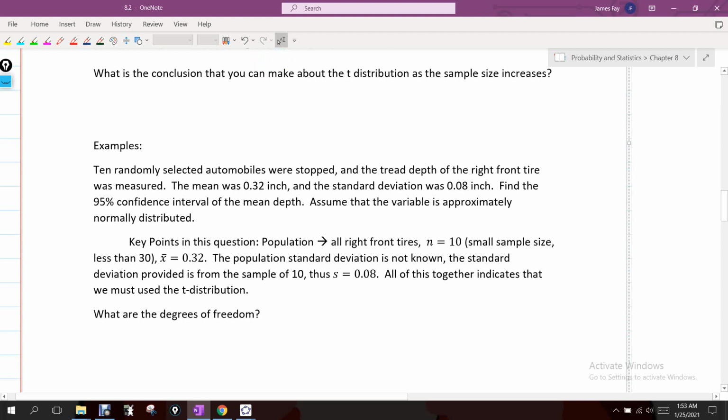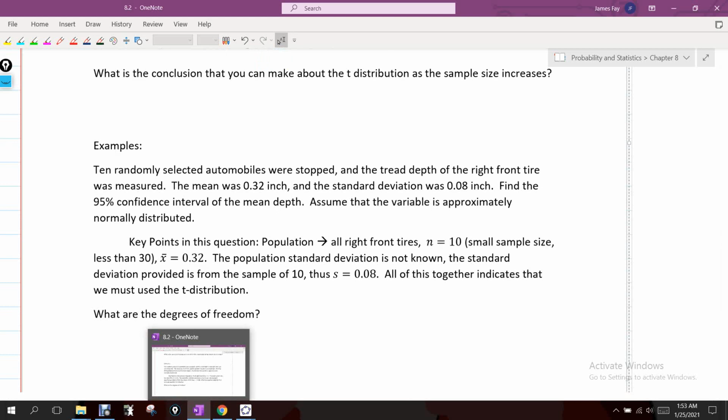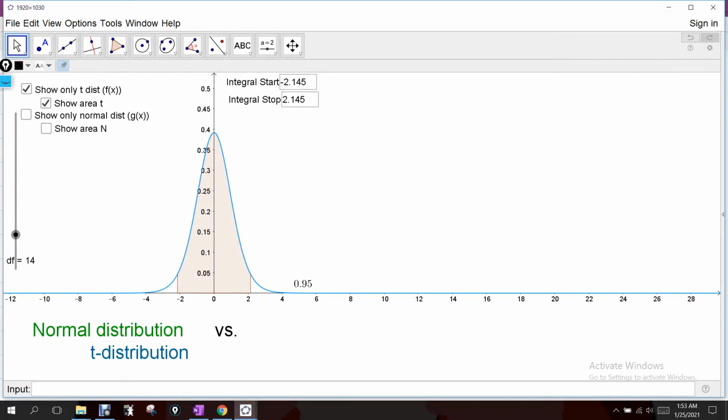as our sample size increases, and that's what I was trying to show you with the degrees of freedom here. If we show both these distributions, as our sample size increases, so does our degrees of freedom, and when that happens, we get these areas to be very, very close to one another. So let's show this area here.